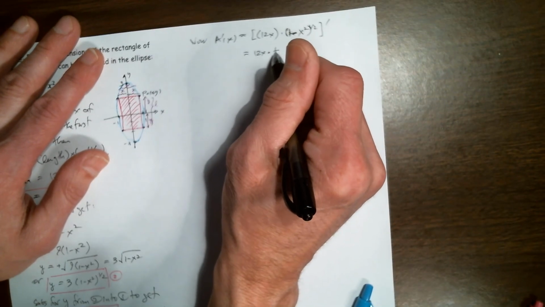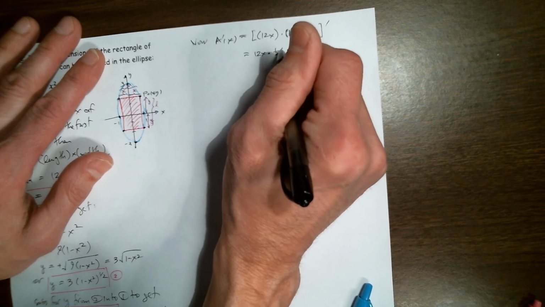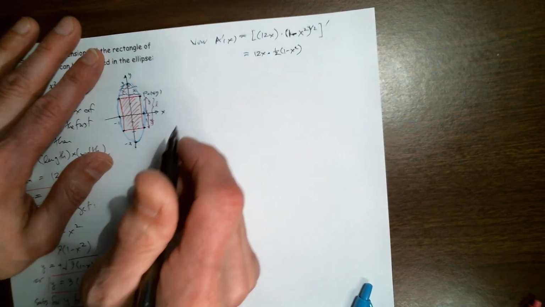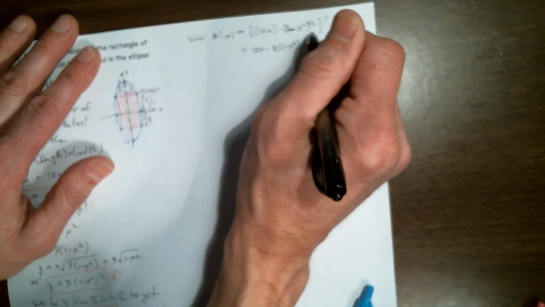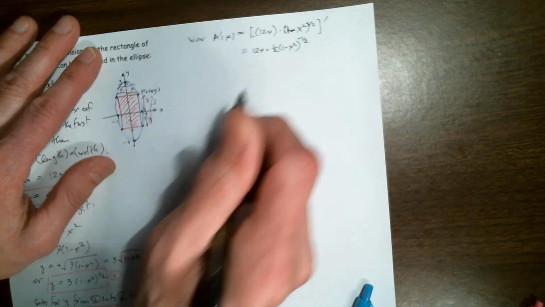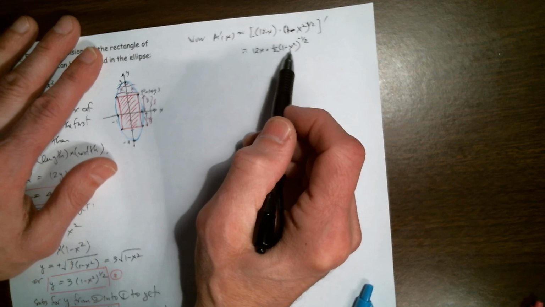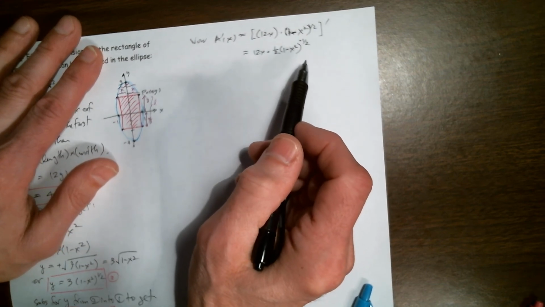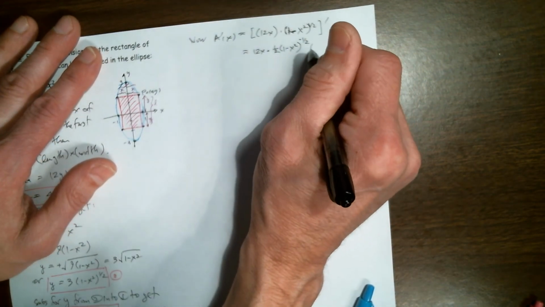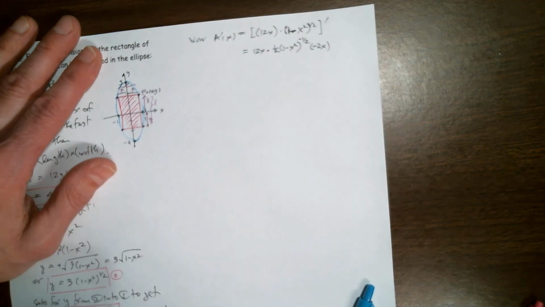So we take our power, 1/2, times the base function to the power minus 1. So 1/2 minus 1 would be a negative 1/2. But then by the chain rule, right, we still have to differentiate this base function, and the derivative of 1 minus x squared would be negative 2x.